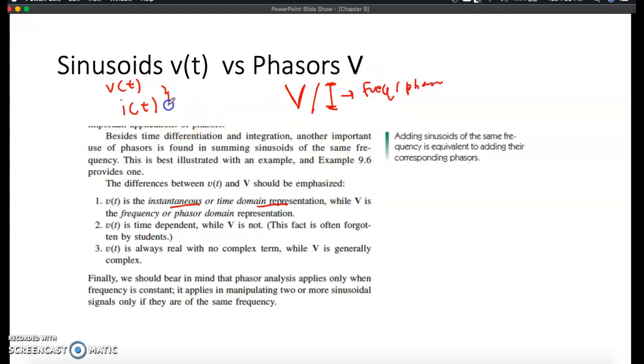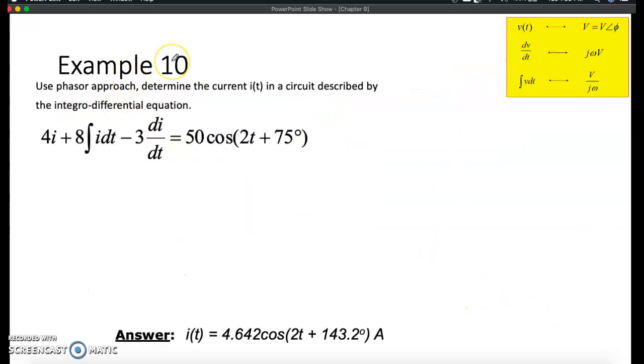Both of these are time domain, so it is time dependent, while the phasor is not. v(t) is always a real number, but your phasor is always a complex number, where you have real and imaginary parts. Let's try to solve this example 10.